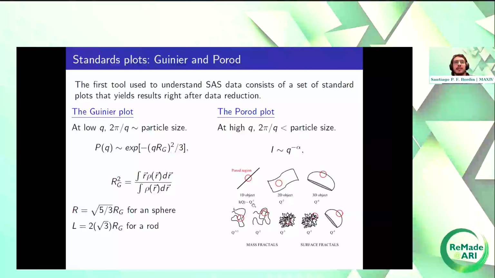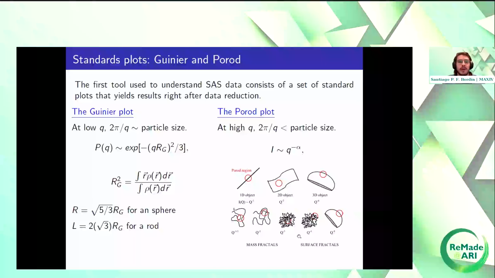For example, if it's 1, it's a 1D object. If it's 2, it's a 2D object. If it's 4, it's a 3D object. And if we have values between these, between 1 and 2, and 3 and 4, the dimension is fractal. If it's between 1 and 3, we will have a mass fractal structure. And if it's between 3 and 4, we will have a surface fractal.